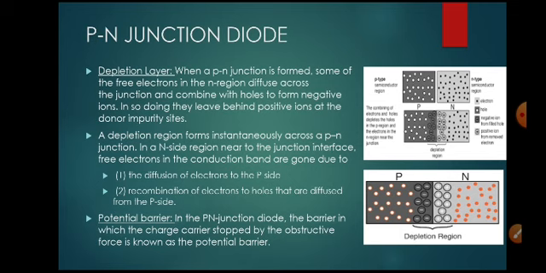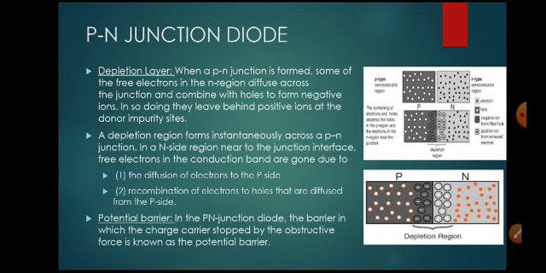In semiconductors, thermal generation of electron hole pairs also plays a role continuously. There is a net recombination rate given by the difference between the recombination and generation rates.